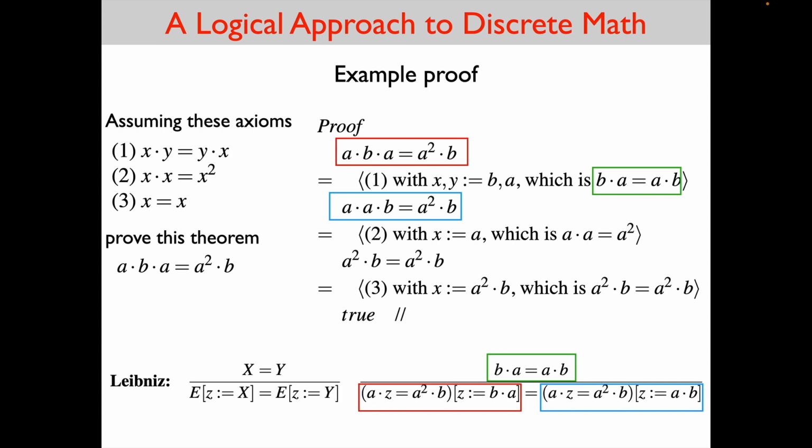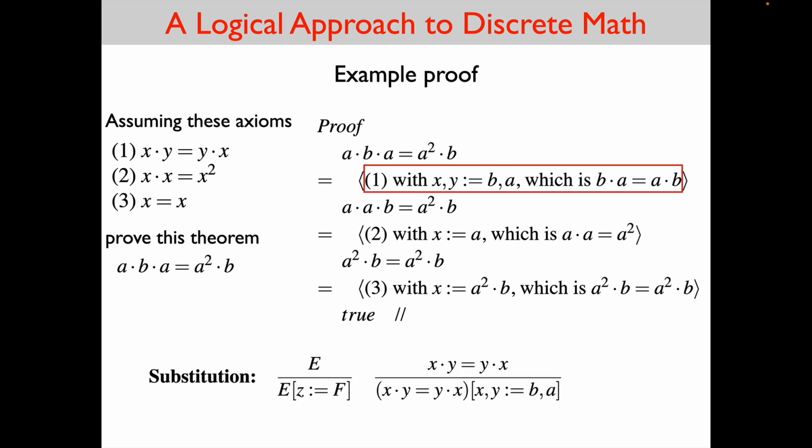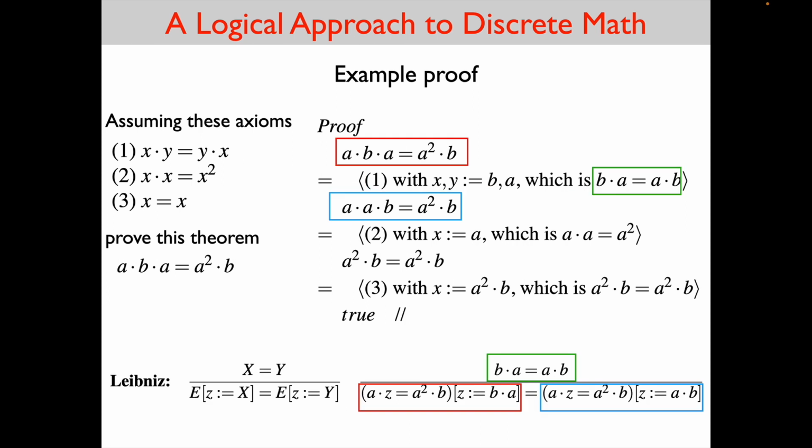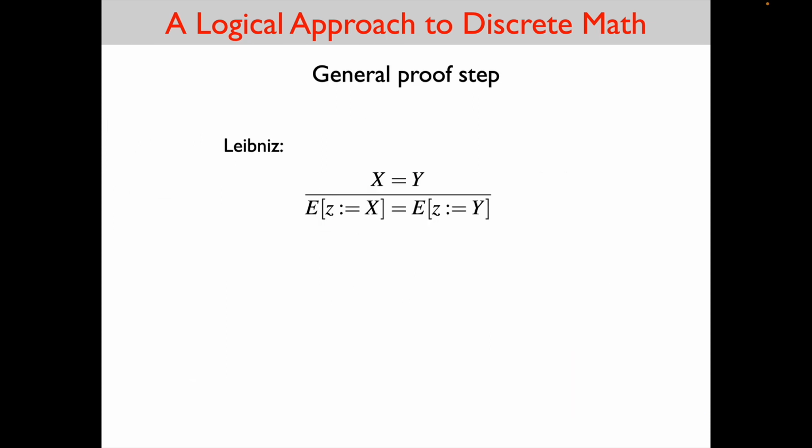It used substitution to get an expression in the hint to make 2 things equal to each other, and then it used Leibniz. Now, I want to make a point before we go on.